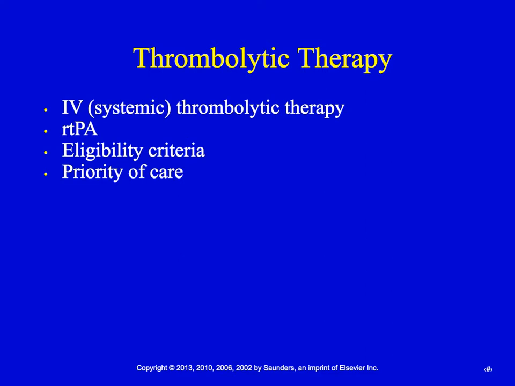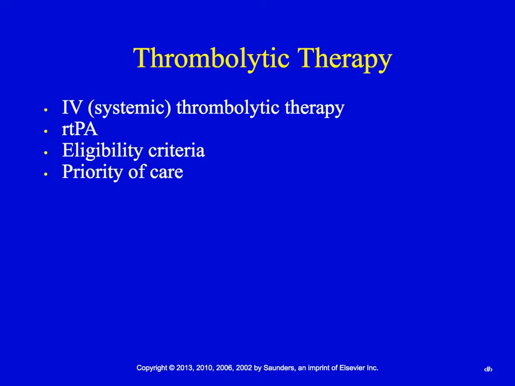Activase, or tissue plasminogen activator, tPA. Activase is one of those thrombolytic drugs that we use. There's typically a 3-hour window for this. So to be eligible to have thrombolytic therapy, we have to know when the onset of symptoms happened. Typically, a criterion for giving thrombolytic therapy is that the onset of symptoms was less than 3 hours prior to treatment.